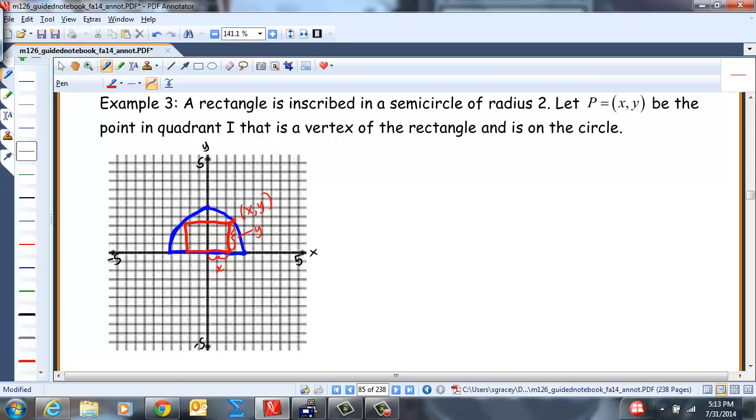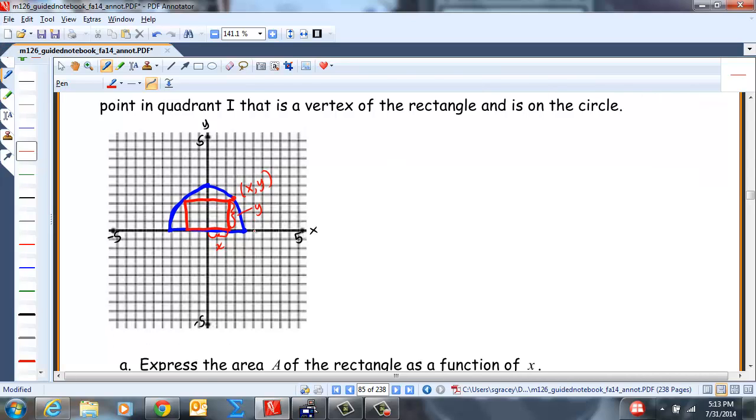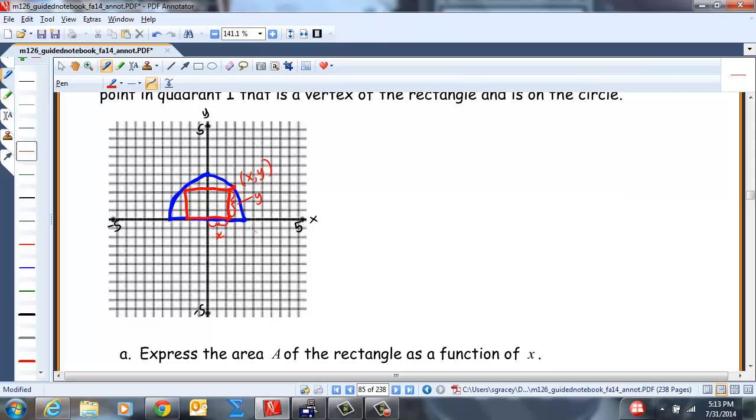So we've got our visual going on. Again, the base of the rectangle is going to be 2 x's, so you've got symmetry going on there. The height of the rectangle is y.